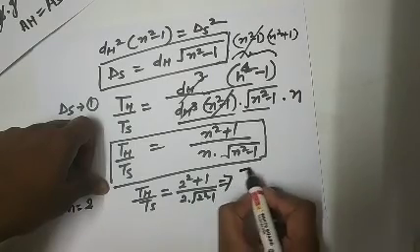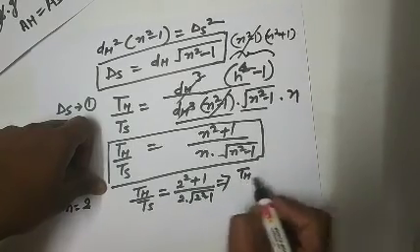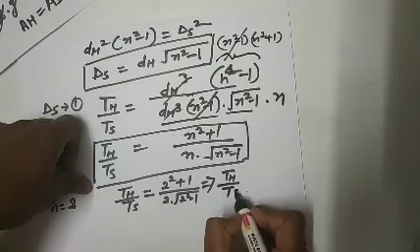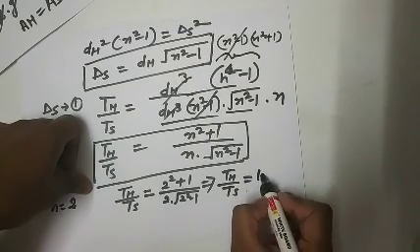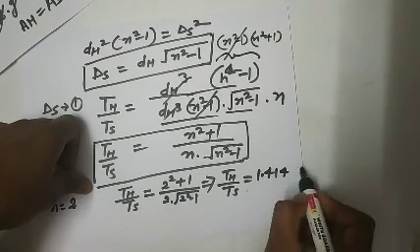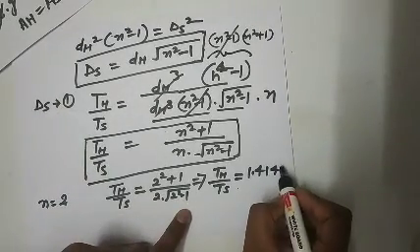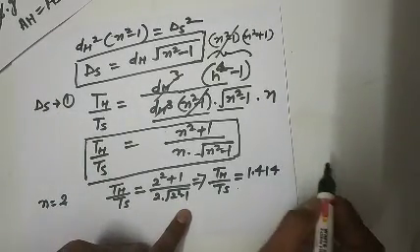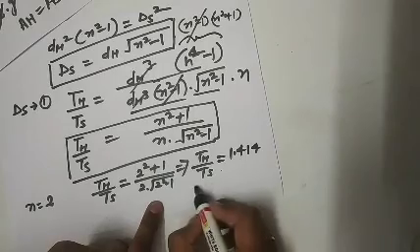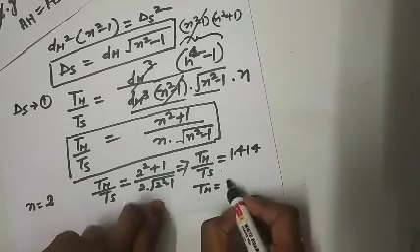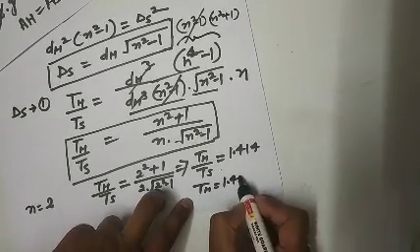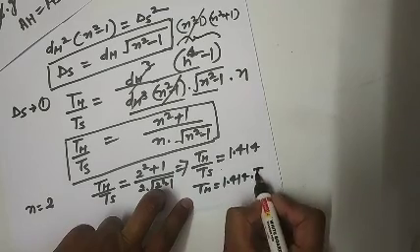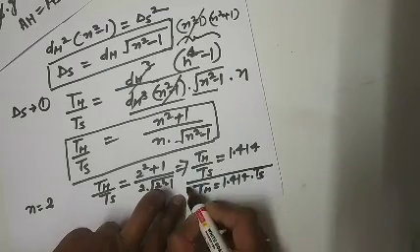When this is simplified, we will find that Th upon Ts equals 1.414, or we can write Th equal to 1.414 of Ts.